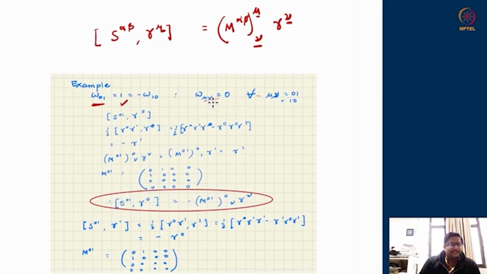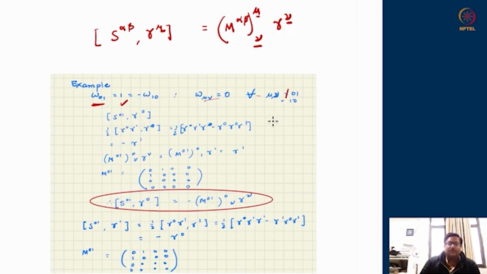Boost along y-axis is not being done, boost along z-axis is not being done, rotation along any of the x, y, z axes is not being done. So omega mu nu is equal to 0 for all mu nu which are not equal to 0 1. Only omega 0 1 and omega 1 0 are non-zero. All other omega mu nu are 0.